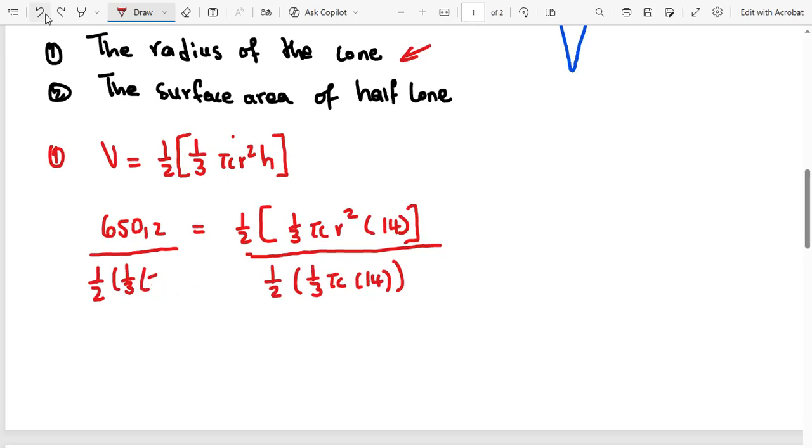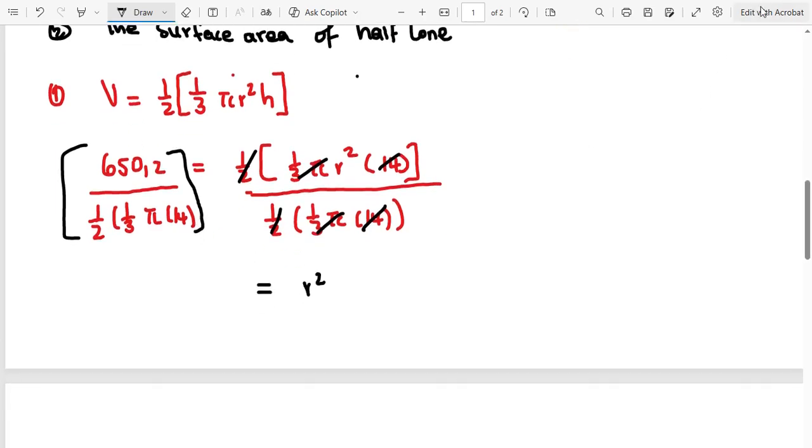Let me just multiply this by pi, and then we have 14. So now we know that these terms will cancel here. This term and that cancel, and this cancels that. This side I'm just left with r squared, and then I'm going to put all this in a calculator.